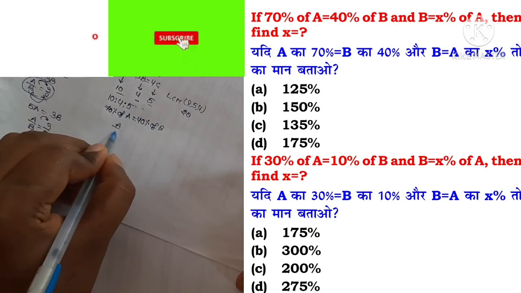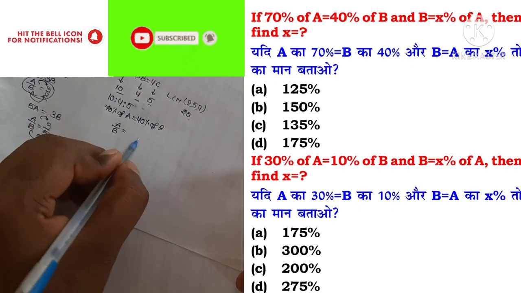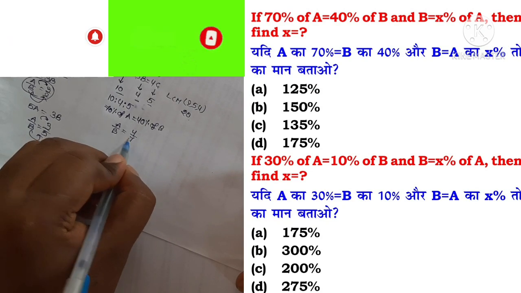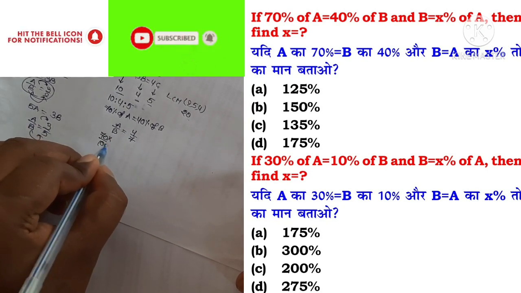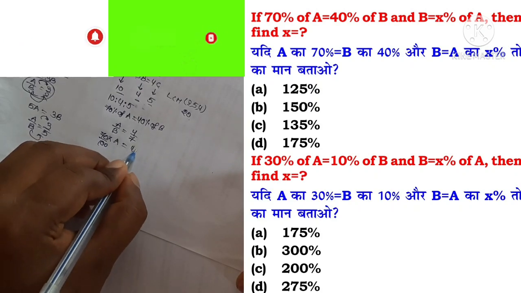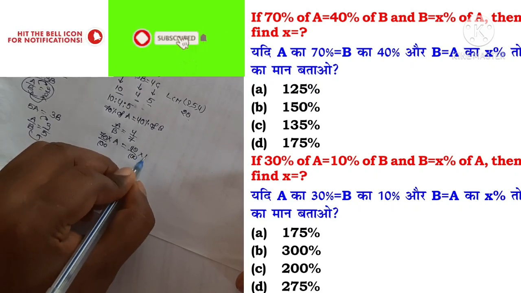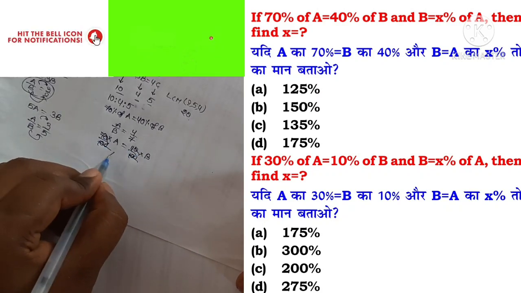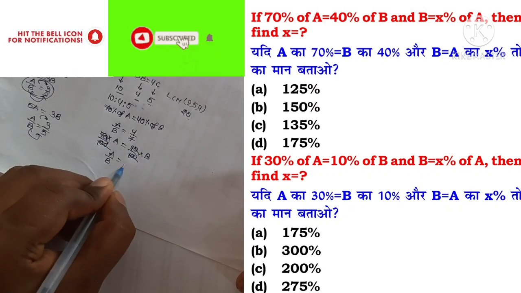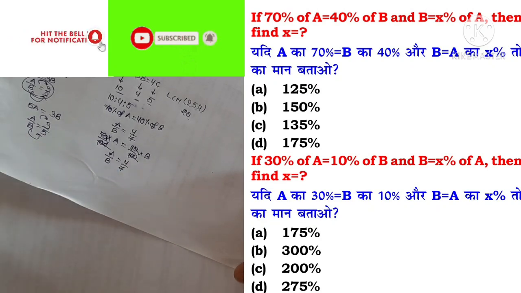So find out a by b. So a by b value is 4 by 7. So 70 by 100 into a is equal to 40 by 100 into b. 100 cancel, 0 cancel. So a by b is equal to 4 by 7.